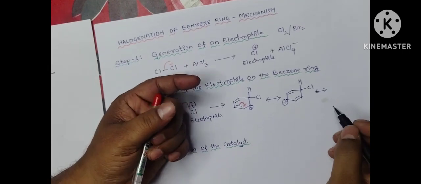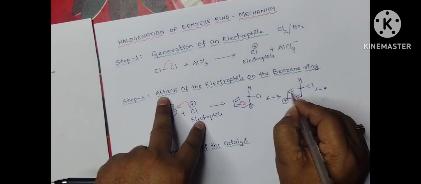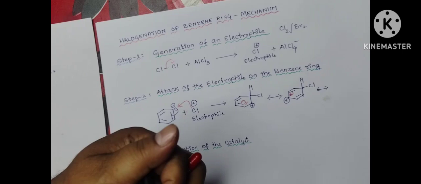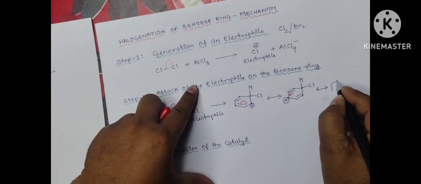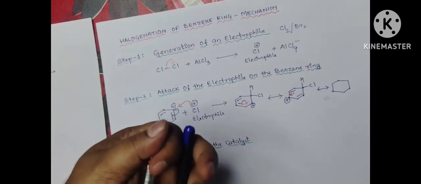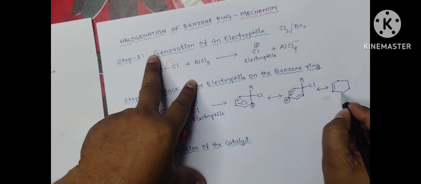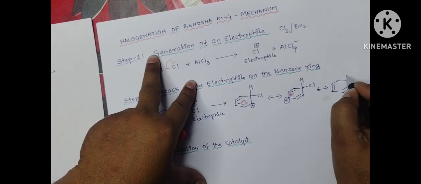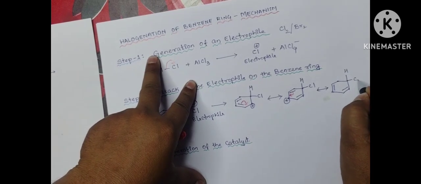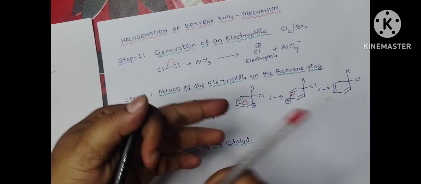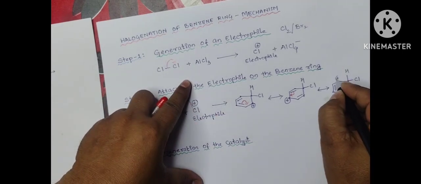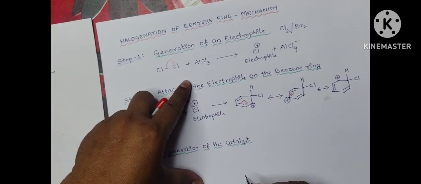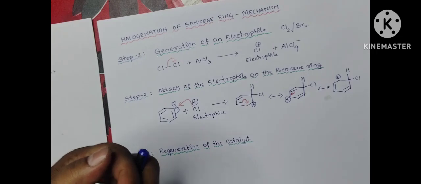Again this is also unstable. Next, these pi bonded electrons will be shifted here, and I get one more resonating structure, with hydrogen and Cl here. Again I get the positive charge here. Again this is unstable, so what will happen here?